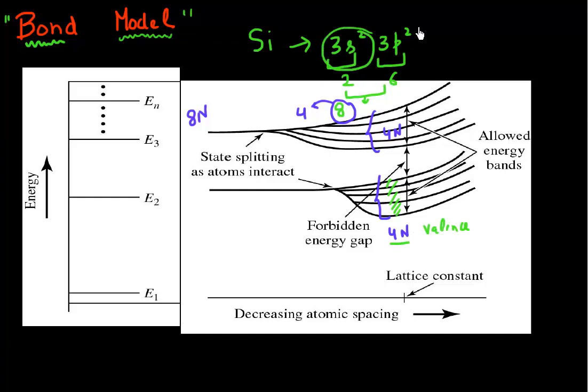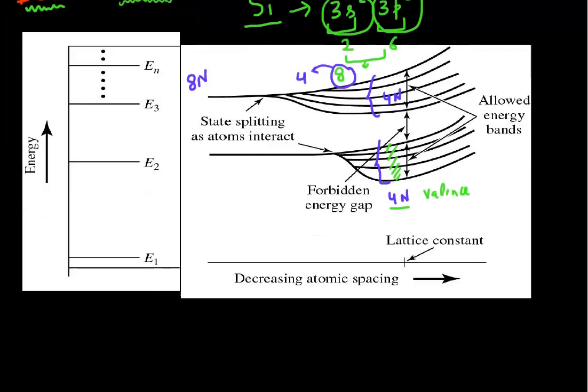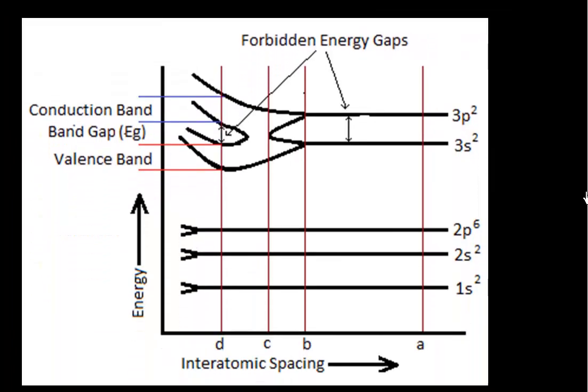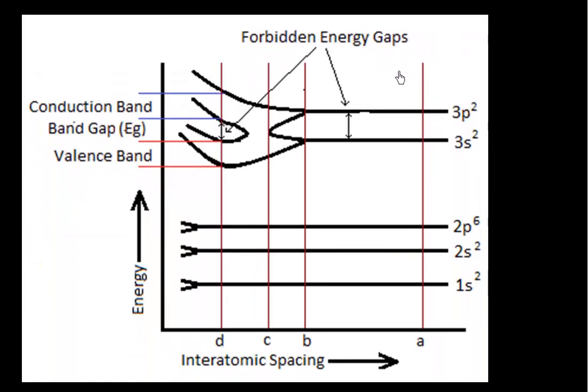So let me give you a little more color on how the different shells contribute to the band structure in the case of silicon. What I have over here are the silicon orbitals. I have 14 electrons in my silicon, and 2 of them are in the 1s shell, and then 8 are in the second shell, and the remaining 4 are located in the outermost shell, that is our third shell.